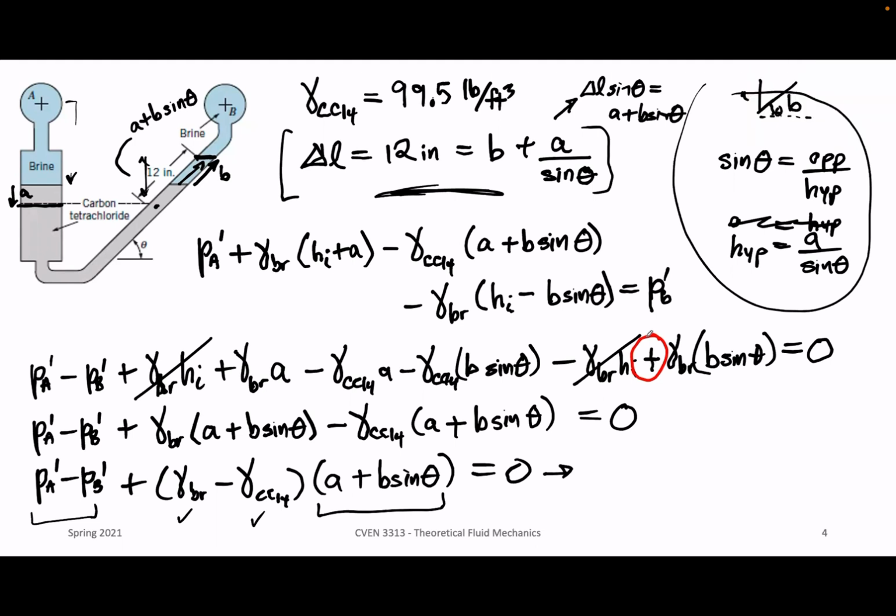Okay. So now on the next slide, this calculation comes out to PA prime, the new pressure at A, minus PB prime, the new pressure at B, plus we had grouped gamma brine minus gamma of our carbon tetrachloride times, now I'm replacing, we have here delta L. Sorry, I had used H in my notes, and I'm trying not to use that for you guys because we're working along the length here.